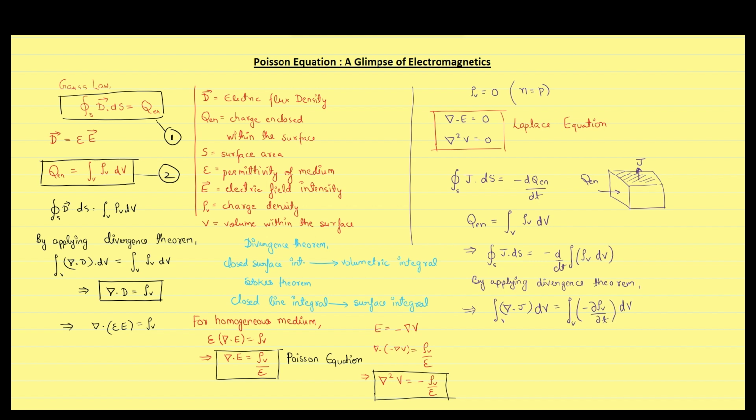The theorem is called divergence as we take the divergence of the coefficient of the surface integral to convert it into volumetric integral. Now observing the equation, we can write, and this is the continuity equation which is commonly used in electromagnetic theory.